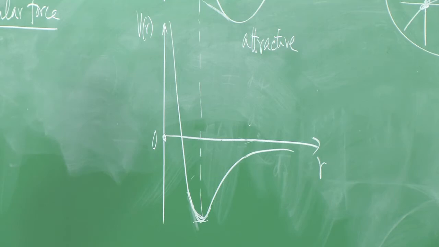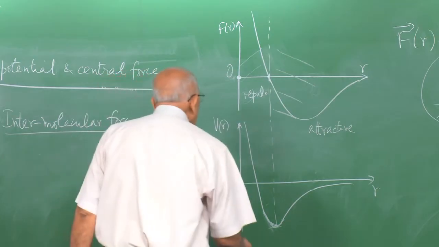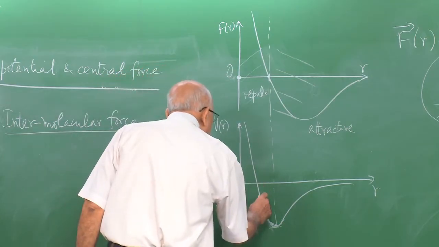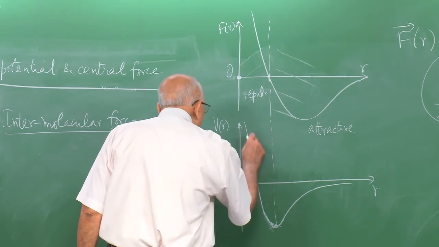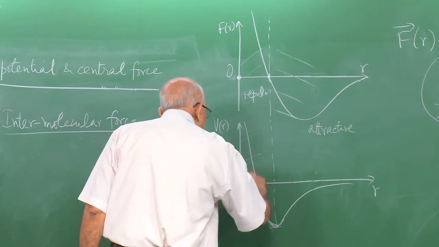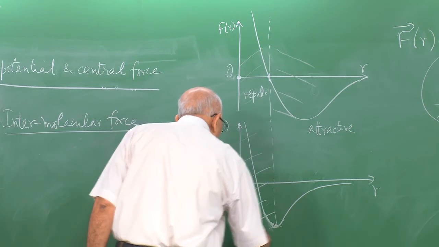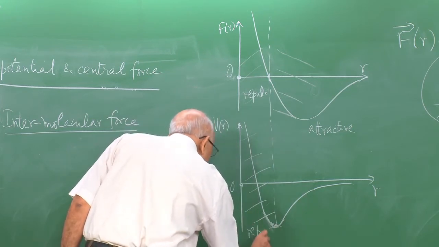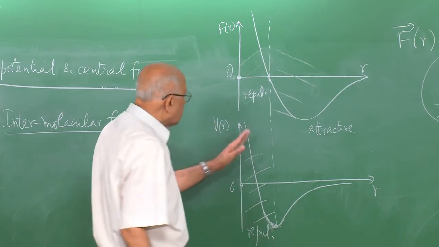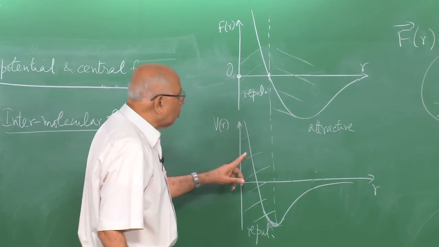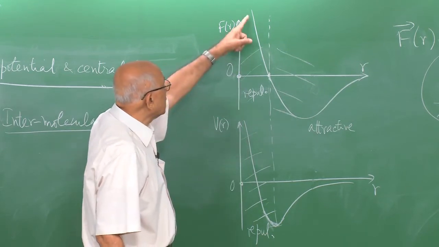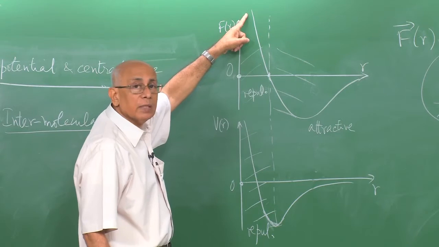On the other hand, what happens at this point? The dV over dr in this entire region is repulsive, because the slope is negative, so minus the slope is positive, and that is what this f is doing up there, very steep.